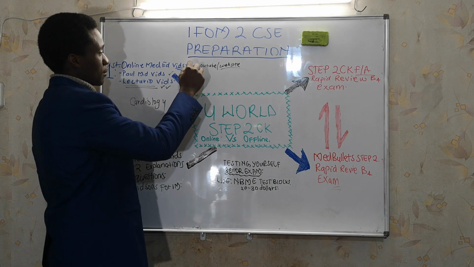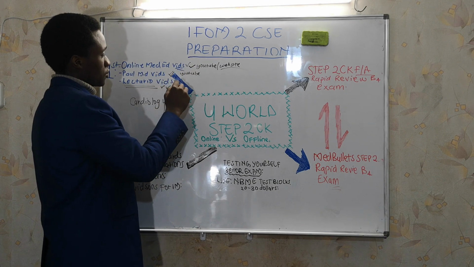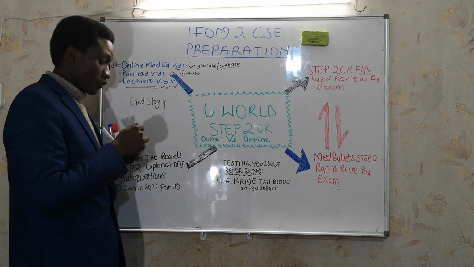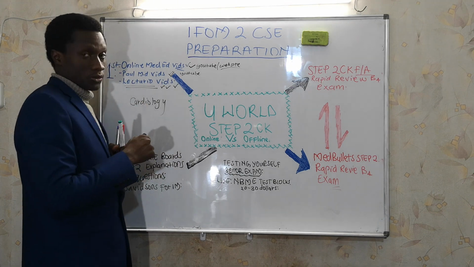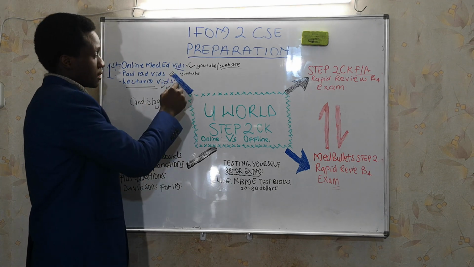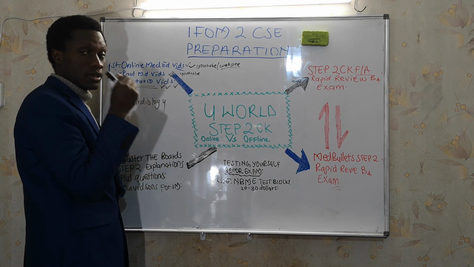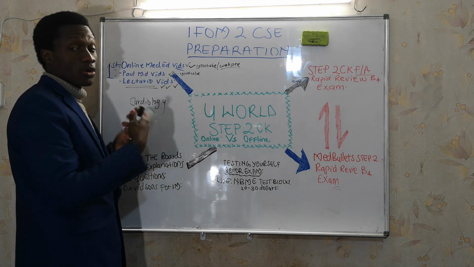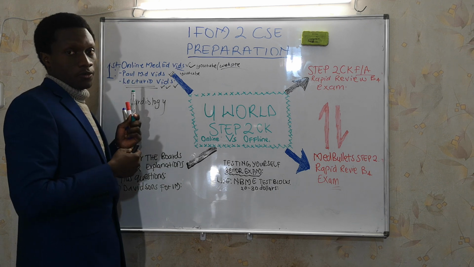I'll watch it from Online Meducation, I'll watch it from Paul MD, and I'll watch it from Lecturio. And accordingly, which you feel comfortable with and which you feel is good for you to advance with, then you can choose. I'm recommending all 3, but select one only, so that you have a limited thing that you're working with. Because when you select many of them, you will get confused. But all of them are very powerful tools.